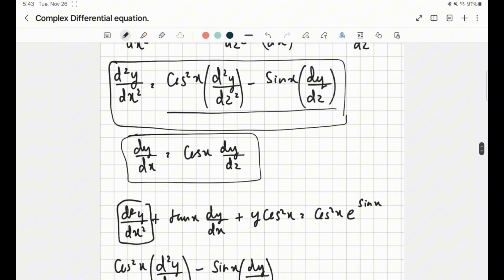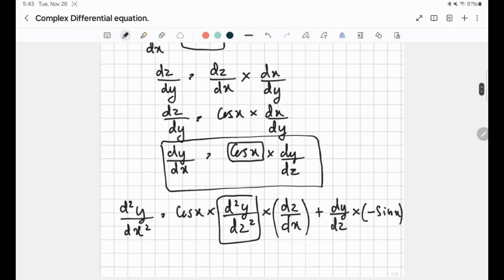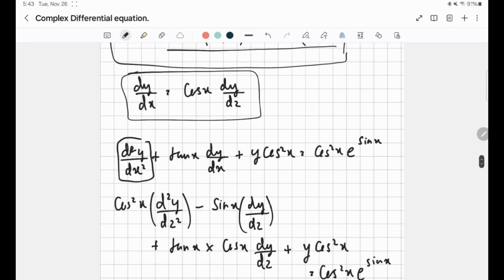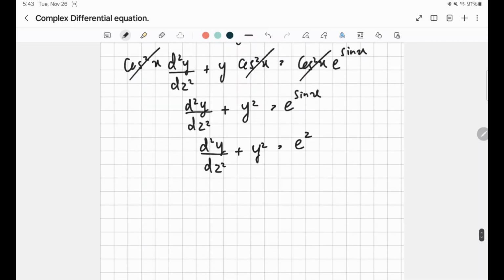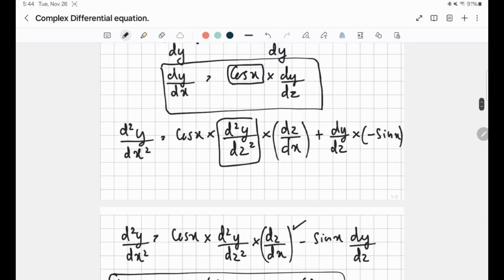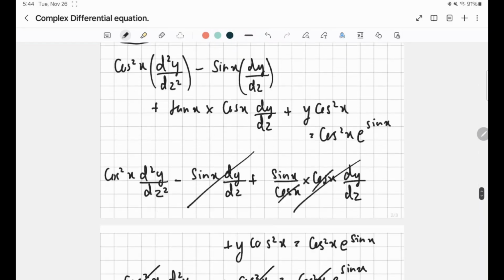Oh, I think the question has y cos squared x, but I put y squared x. I'm sorry about that. It's just y; I was thinking, why is it y squared, because you can't solve that. It just needs to be y. That was just a silly mistake of mine.